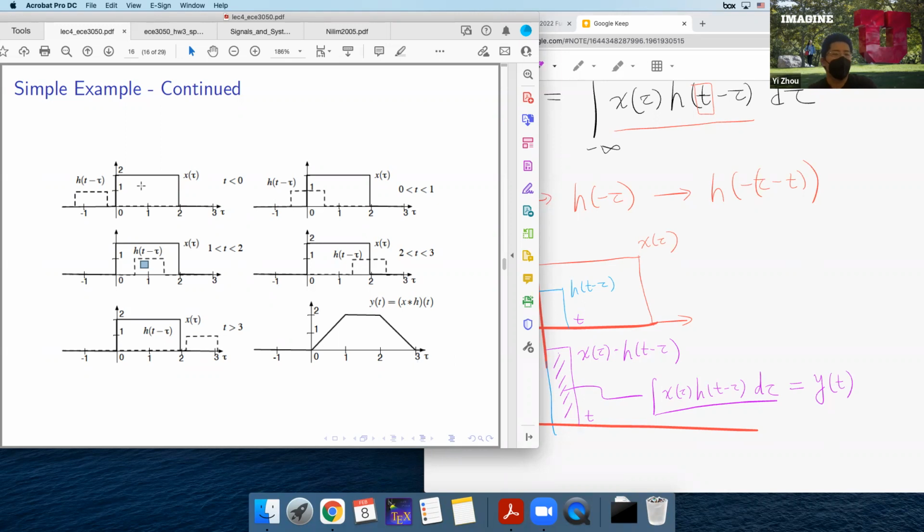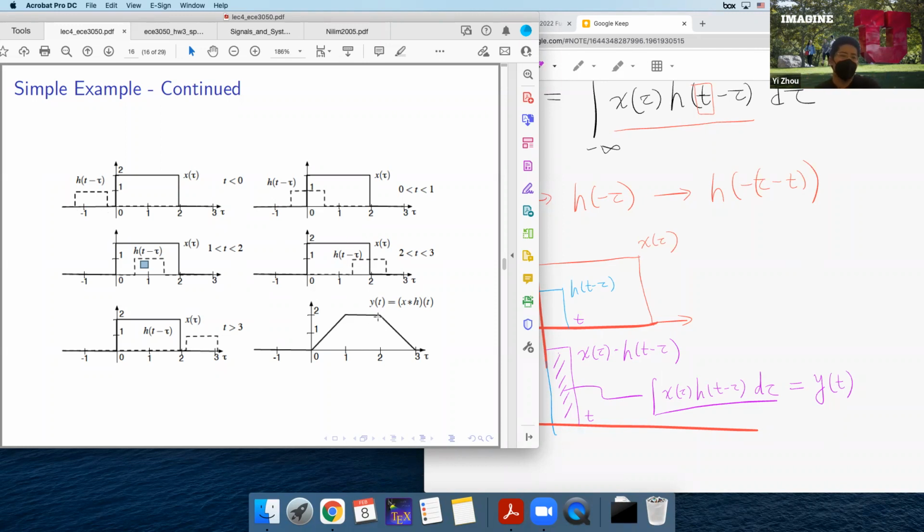Okay. So overall, we can see that if we take the convolution between two rectangle signals, their convolution result will give us a piecewise linear function. We start at the beginning, and the convolution value starts to increase. This is when these two signals start to convolve with each other.